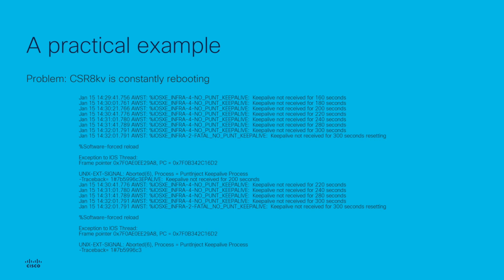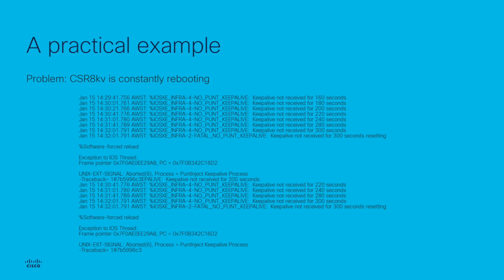A practical example, a CSR AKV is constantly rebooting. After extracting the system report, you can observe a crash dump and an IOSD core file indicating punt keepalive related functions within the stack trace. Note that for the stack trace decoding, TAC assistance is required.